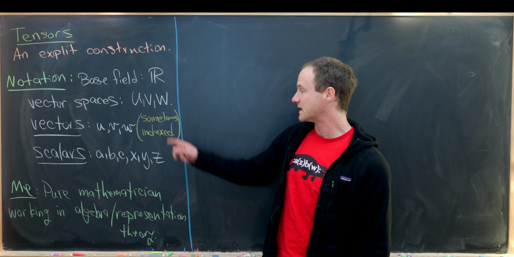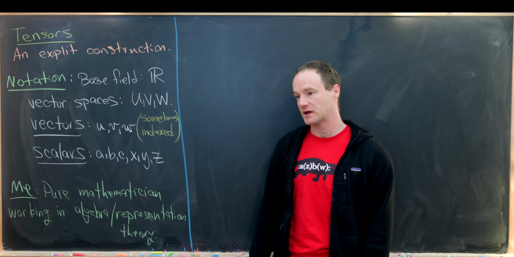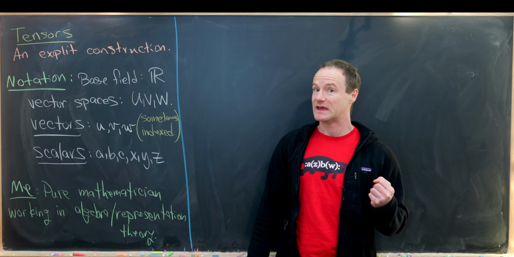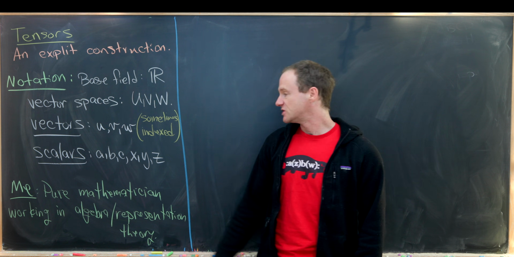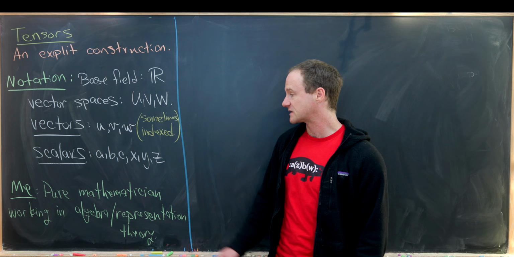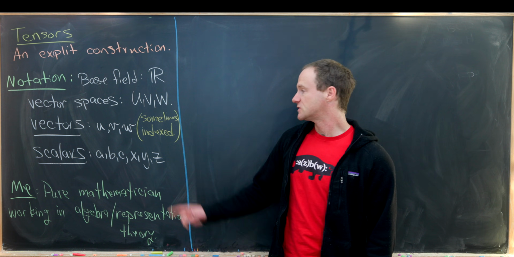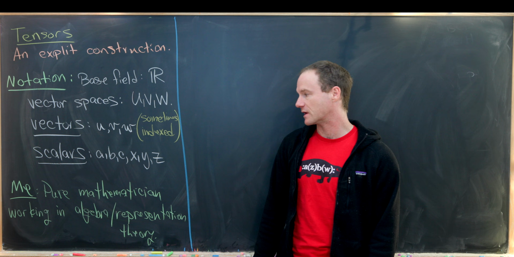At times, they will be indexed, like v sub 1, v sub 2, v sub 3, but those will not be entries of the vectors, those will be separate vectors on their own. Generally, scalars will be denoted by a, b, c, or x, y, z. So since we're working over the ground field of the real numbers, these will be real numbers.